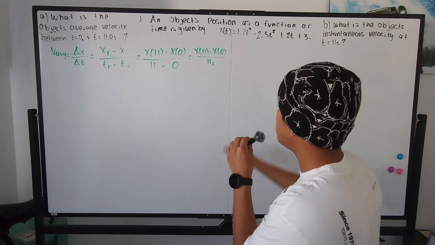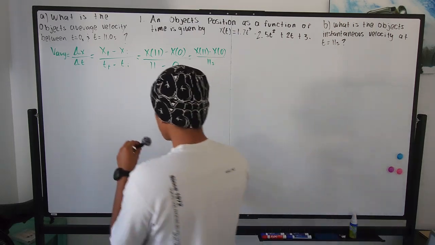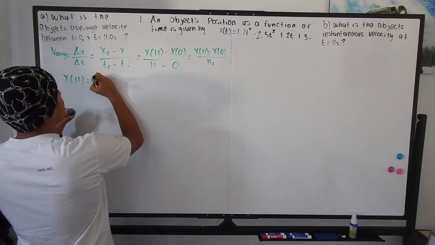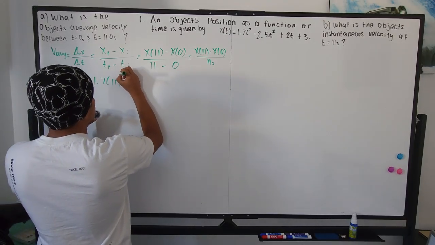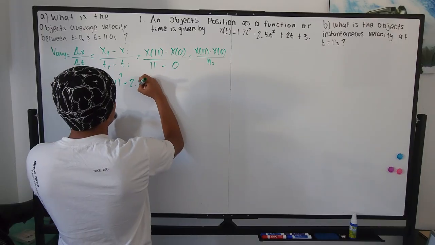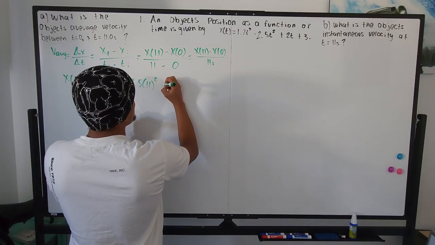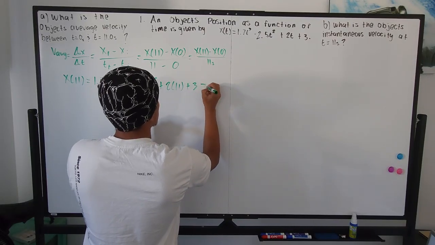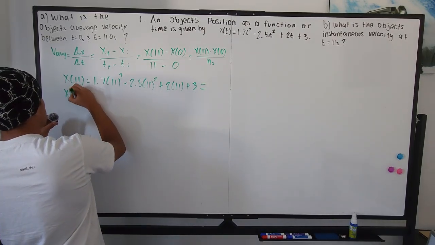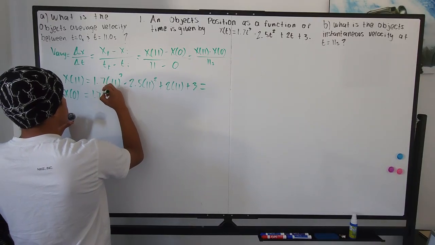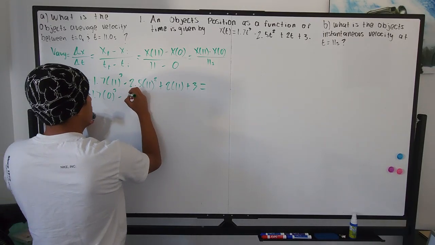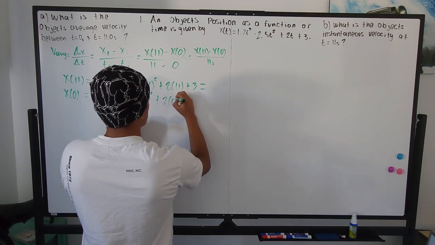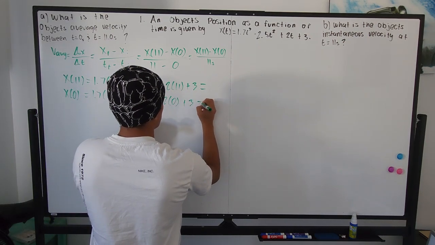So let's evaluate x at 11 and x at 0. x at 11 would be 1.7 times 11 cubed minus 2.5 times 11 squared plus 2 times 11 plus 3. And x at 0 would be 1.7 times 0 cubed minus 2.5 times 0 squared plus 2 times 0 plus 3.